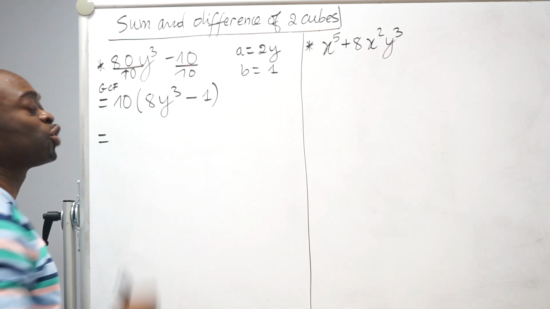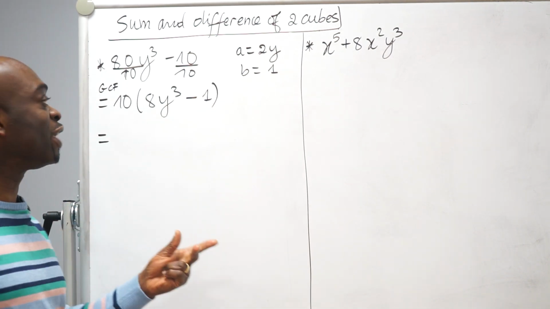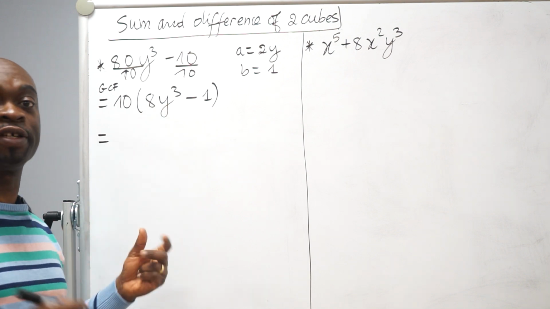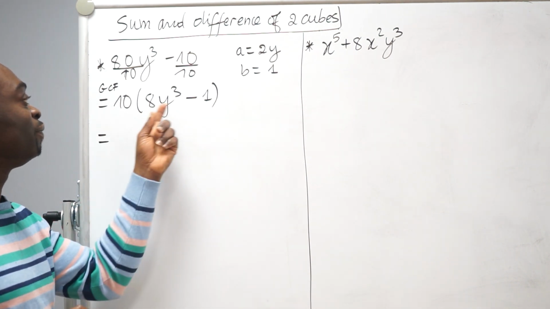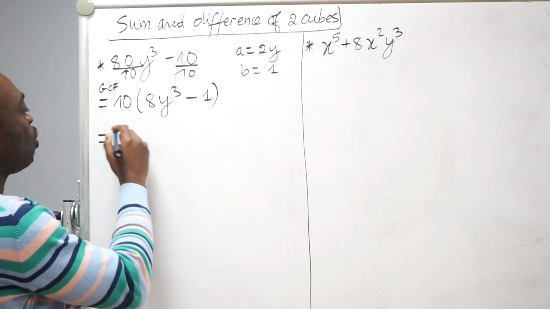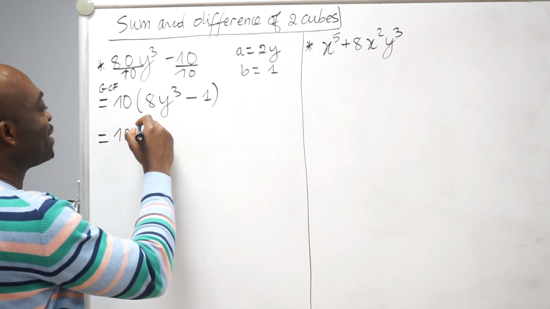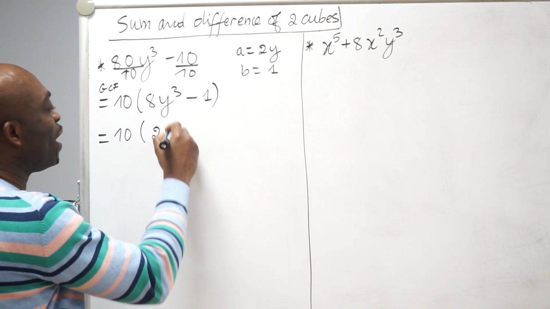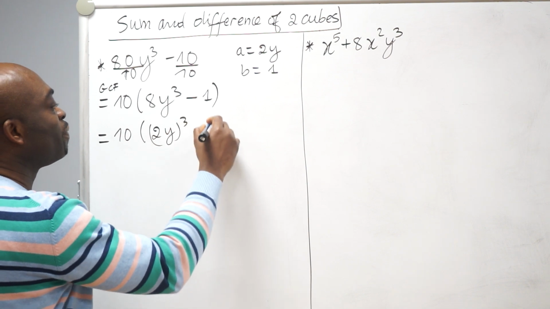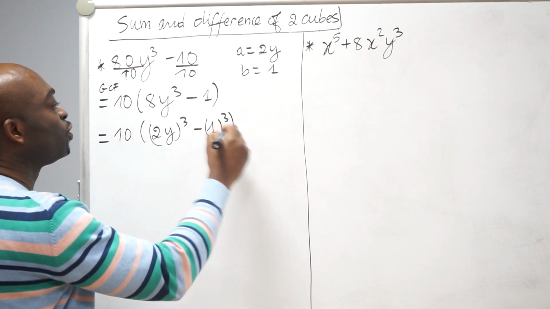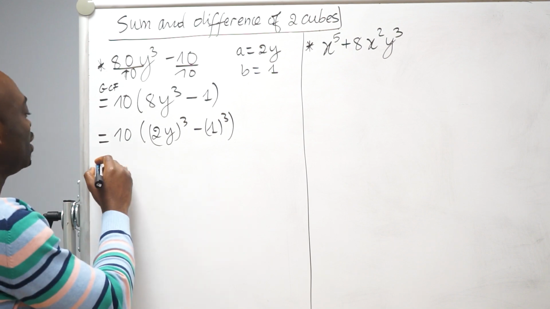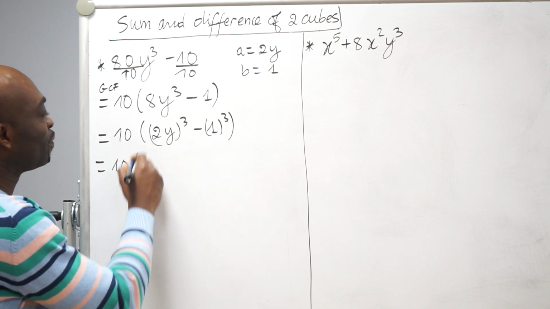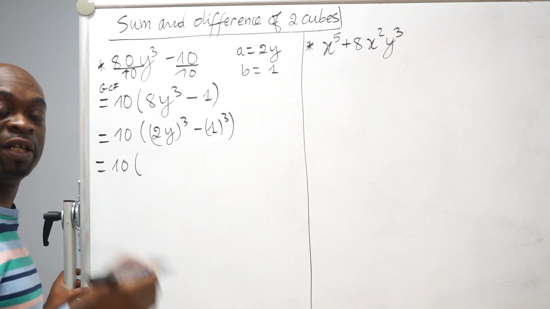Because 2y times 2y times 2y will give you 8y to the third power, and 1 times 1 times 1 is going to give you 1. For now, we can write it down as 2y to the third minus 1 to the third. So this is equal to 10, and then we break it down using the formula.